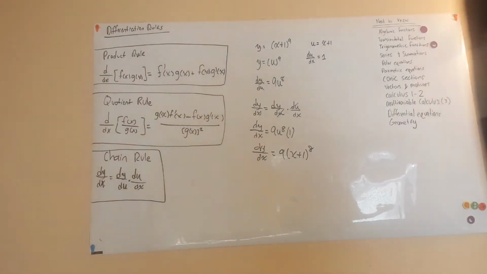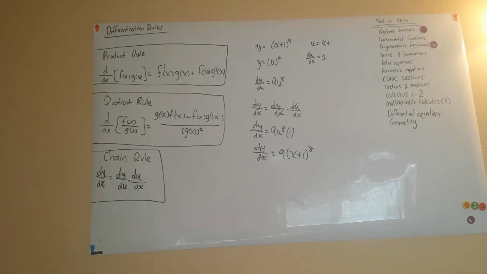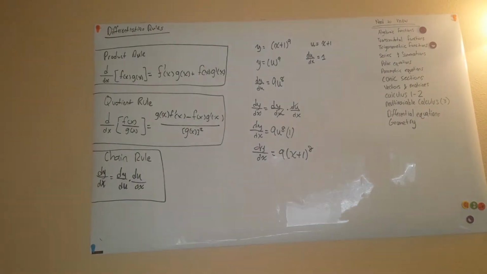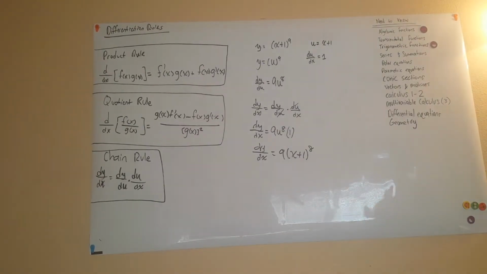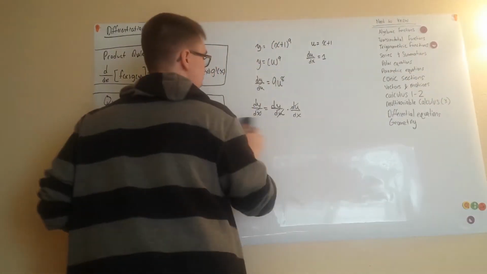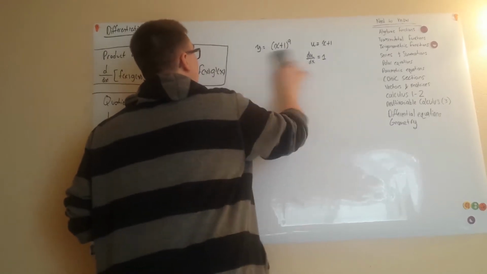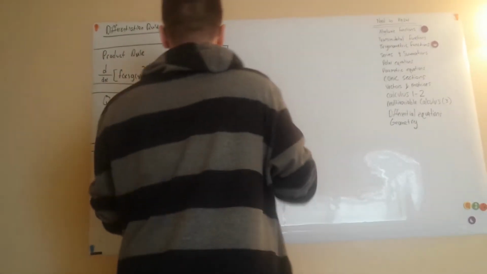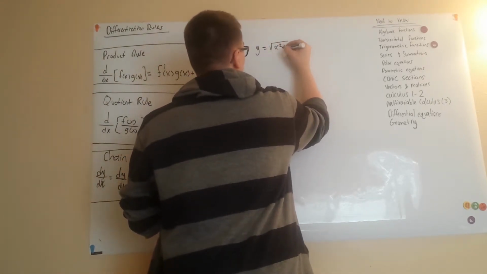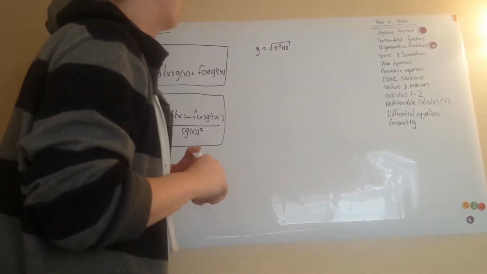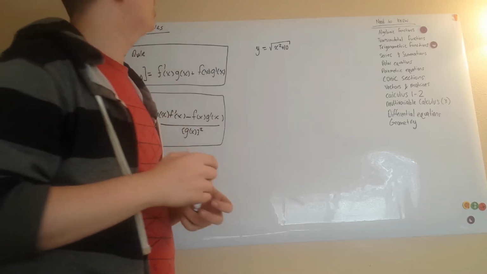Let's do another one and let's find out the pattern. Let y equal the square root of x squared plus 10.